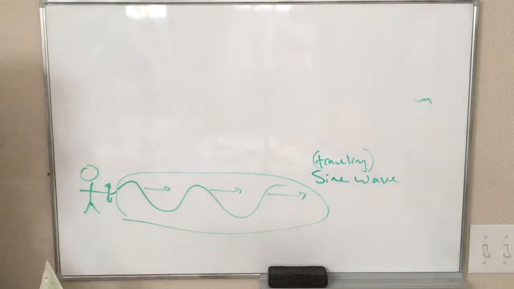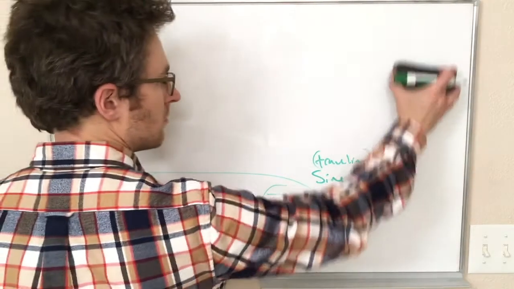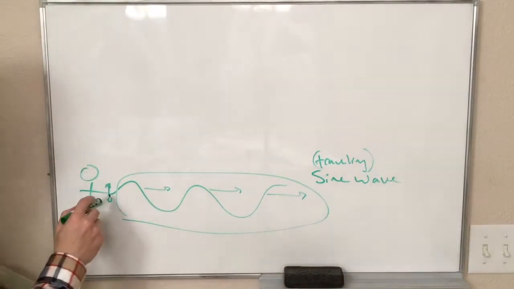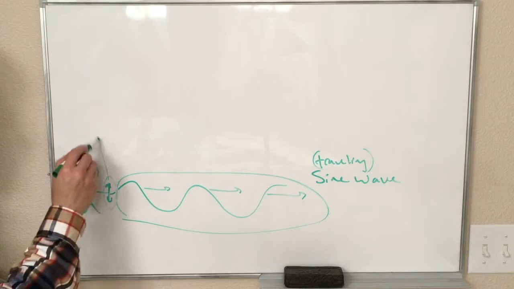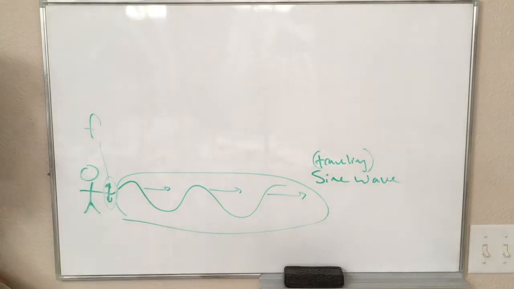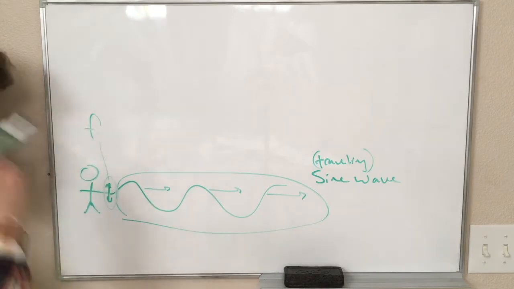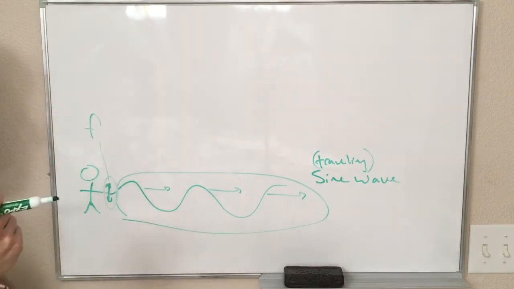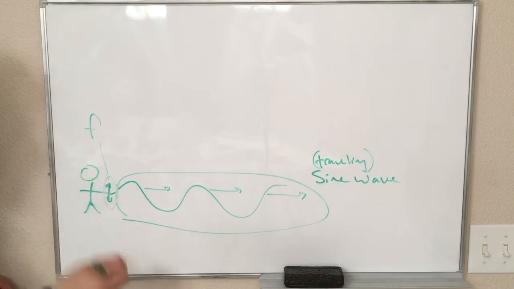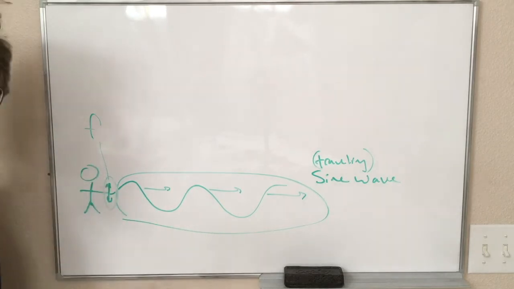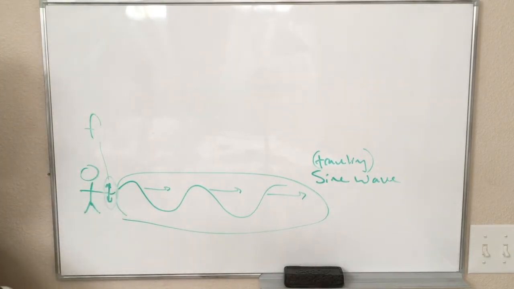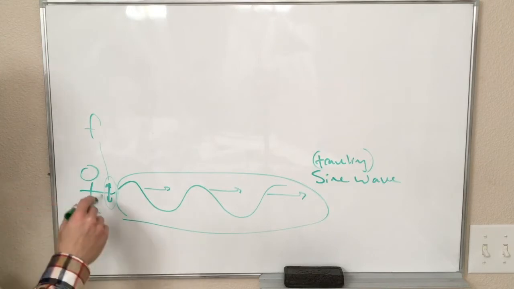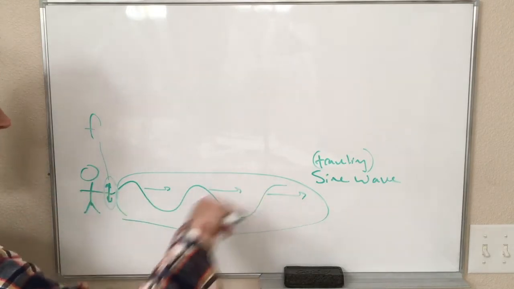For this sine wave, this person is making this wave by moving their arm up and down at some frequency f, right? Or they're moving it up and down and back to where they started, and the time it takes is one period, right? So we can think of what's going on here at this one spot as a simple harmonic oscillator sort of thing, this sinusoidal up and down motion. Okay, so as they do that, they're generating this wave that's traveling to the right.